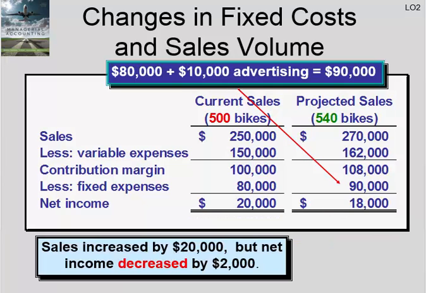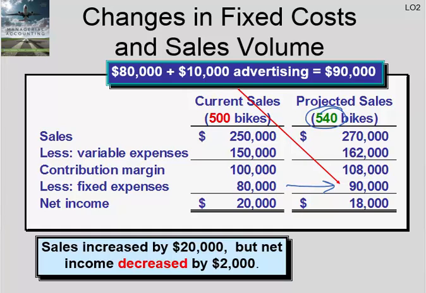Well, as we look at this then, even though we're selling more bikes here, because our fixed costs have gone up, our profit actually ends up going down a little bit, right? So these are some of the kinds of scenarios you can play with using cost volume profit analysis.